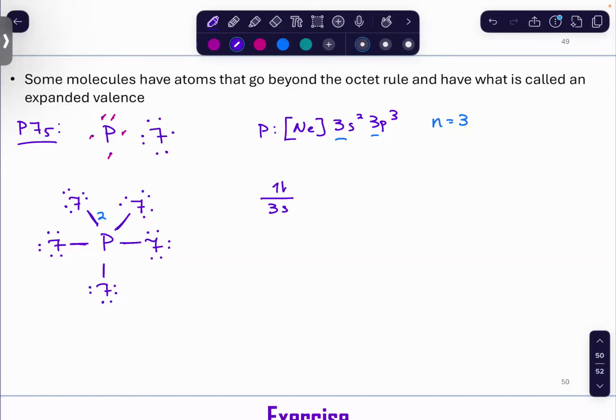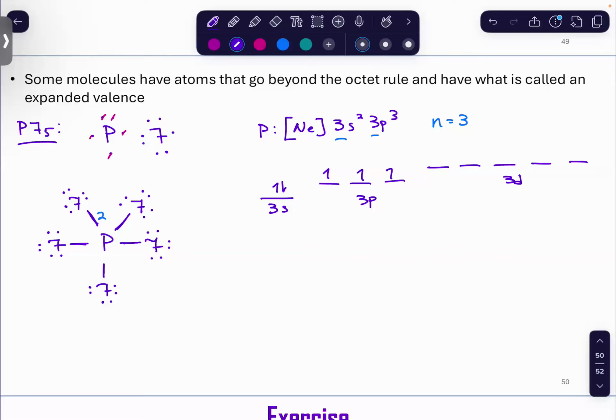However, n equals 3, what else exists that we're not showing here? You'll show it once you get to period 4 of the periodic table and you hit the transition metals, but at n equals 3 energetically, 3d also exists. It's slightly higher in energy than the 3p, but it's there, it's in the shell. It's just not filled. So it's energetically available.